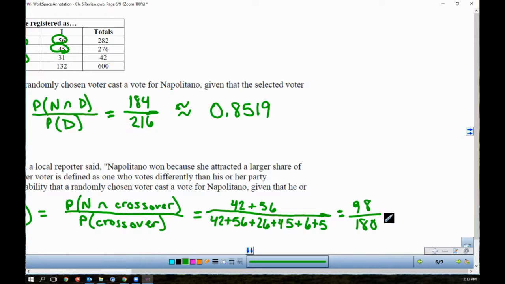Which is approximately what? 0.54, 4 repeating. 54 repeating. So yeah, she got a little over half of the crossovers.